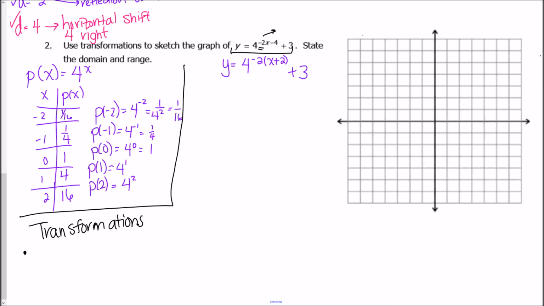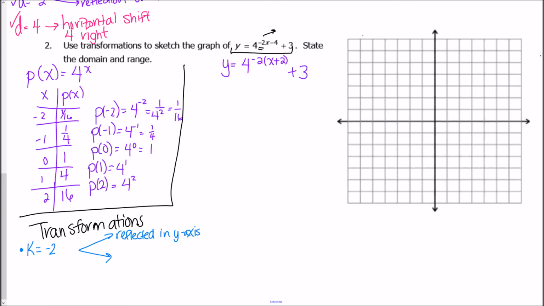Well, there's no a value here, which is nice, so I don't have to deal with that piece. I have a k value right here of negative 2. So this is going to tell me two different things. The first thing is that it reflected in the y-axis this time, because it's the k value, and we know that because it's negative.